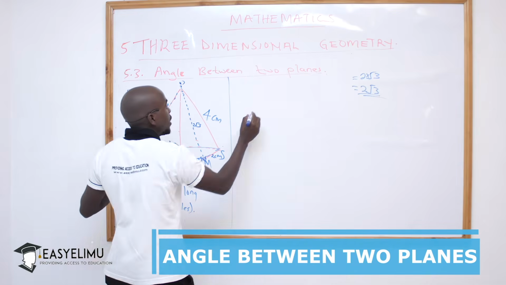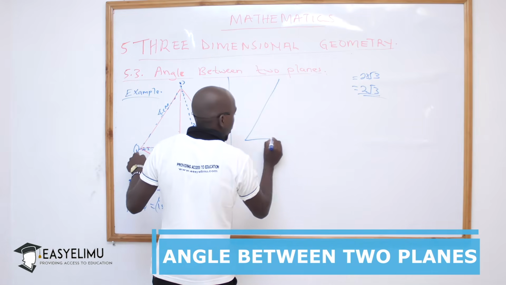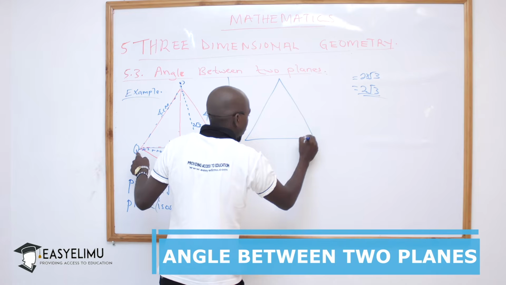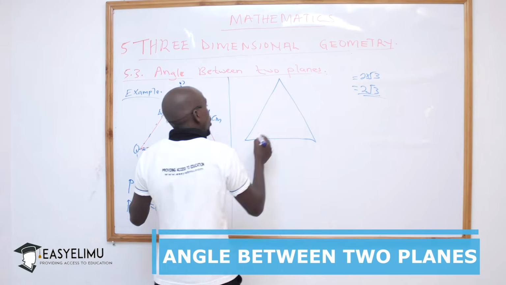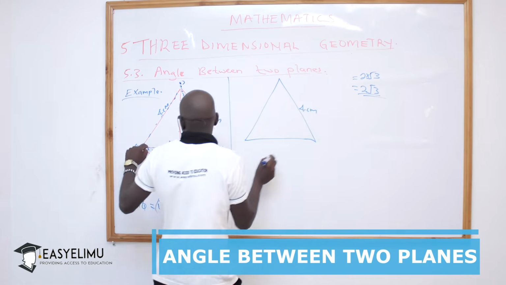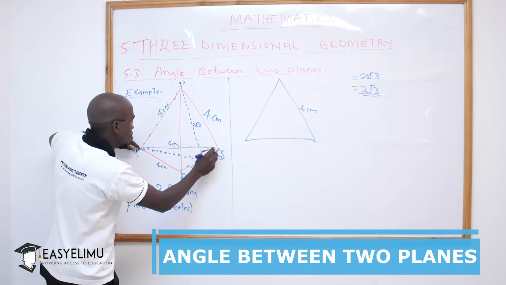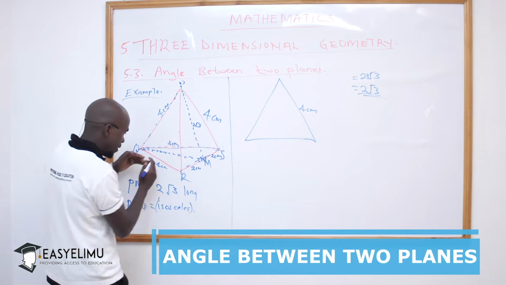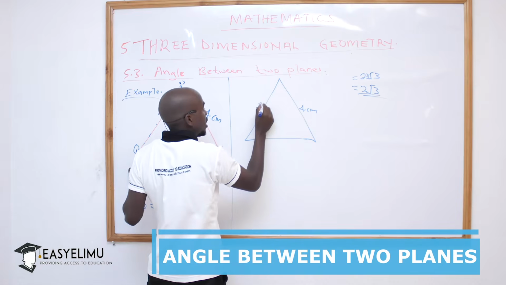On drawing that, we shall find that it gives us this kind of triangle, in which this side is 4 centimeters, and the outer part is also 4 centimeters.